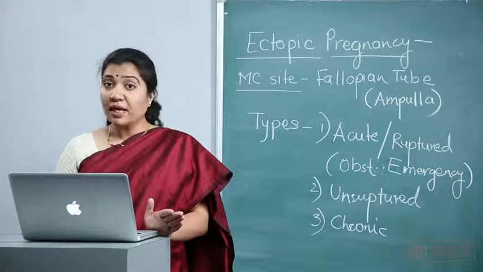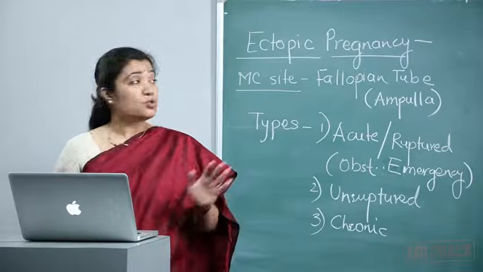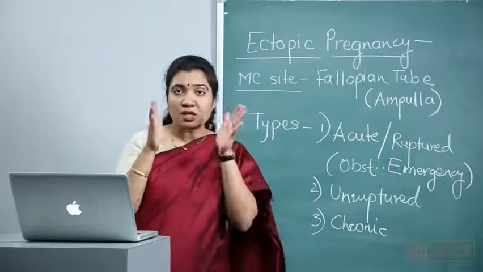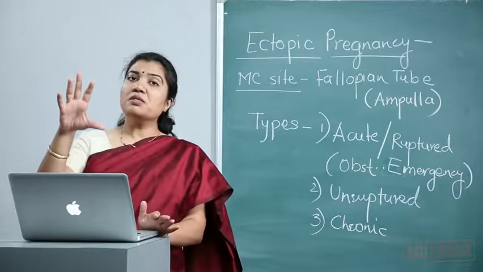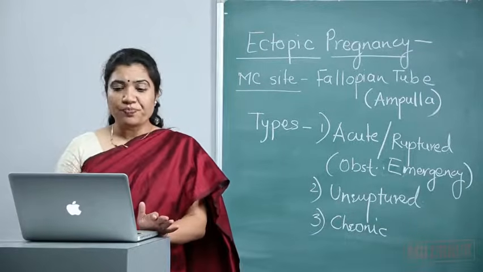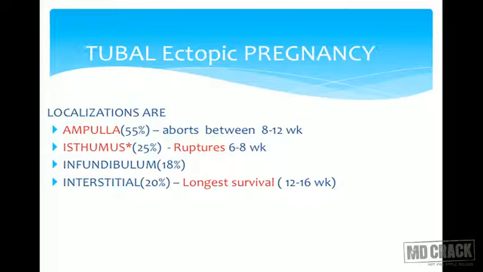Fallopian tube, 97% of the times that is the site for ectopic pregnancy. So once we think of ectopic, the first thing that comes to our mind is the pregnancy is not in the uterine cavity but somewhere in the fallopian tube. In the fallopian tube, the location is most commonly found in the ampullary region, ampulla almost 55% of the time.